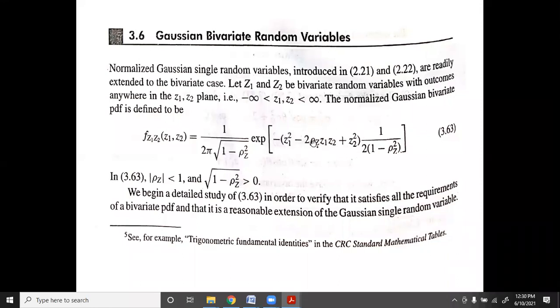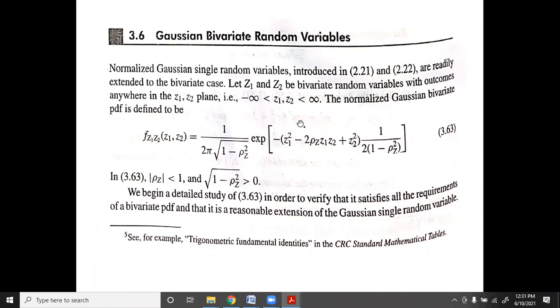You already have the rho z over here, so I can write rho z z2 squared minus rho z, 1 minus rho z, z2 squared, so that at the end we get this quantity rho z squared.